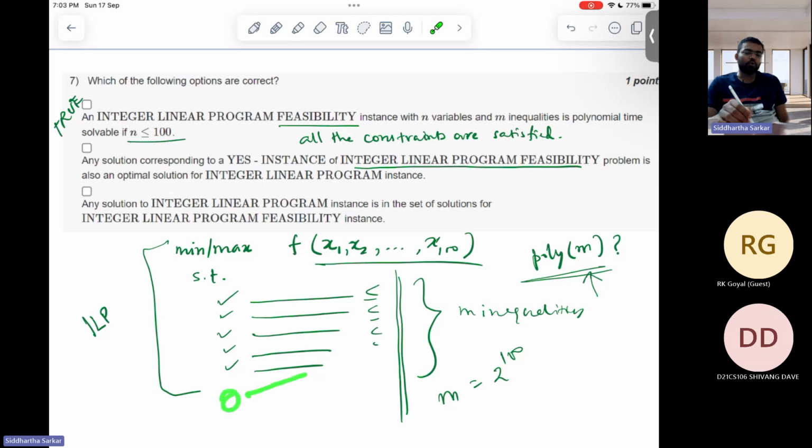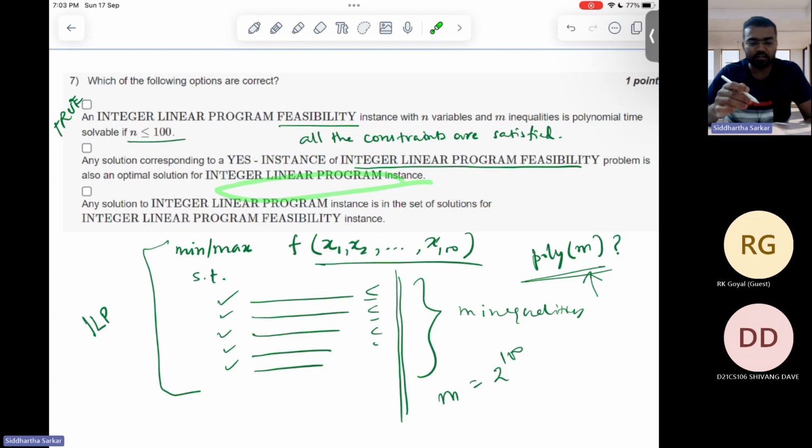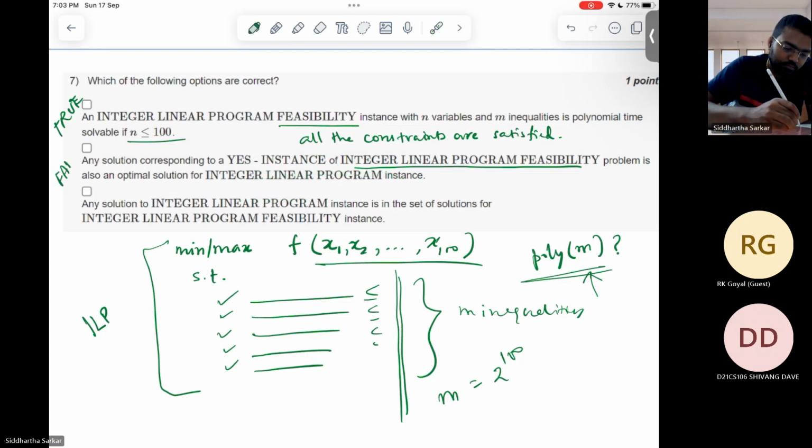If you take all the endpoints, that is a valid vertex cover, a feasible solution. But that is not a minimum vertex cover. Therefore, an ES instance is not necessarily an optimal instance. So we'll mark this as false.